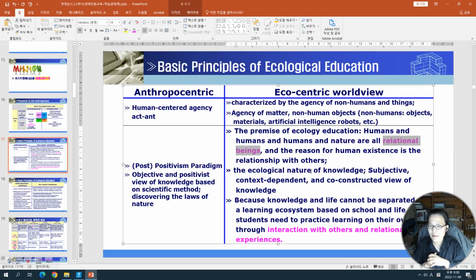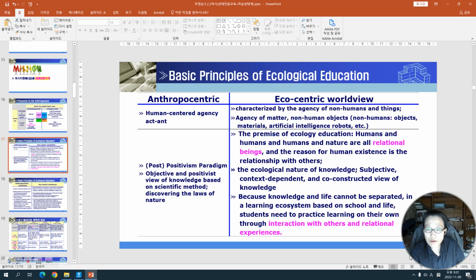Okay? So after all, with the discourse of Anthropocene and Gaia version, we can work together with the other non-human beings. So because knowledge and life cannot be separated in a learning ecosystem, they also use a system in learning as well.